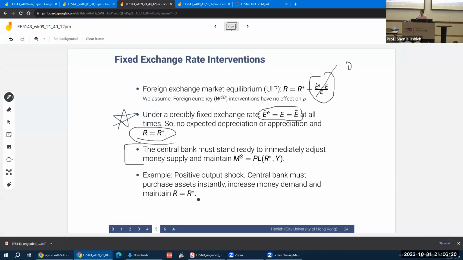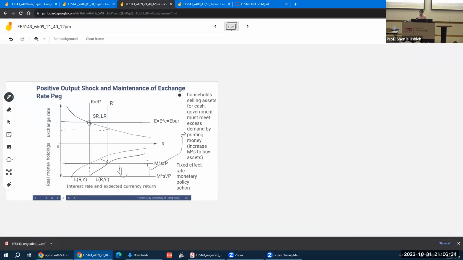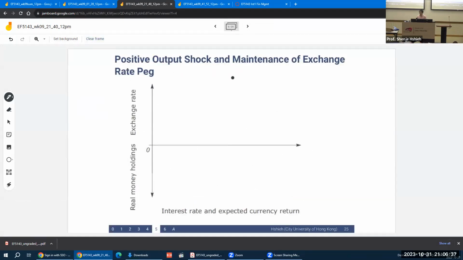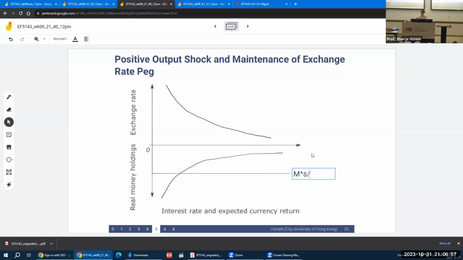Okay, so let's go ahead and do an example. Let's do a positive output shock. Let's clear this. So a positive output shock is a change in Y. I'm going to do it fast because I'm afraid I might run out of time, but I think you guys can keep up.